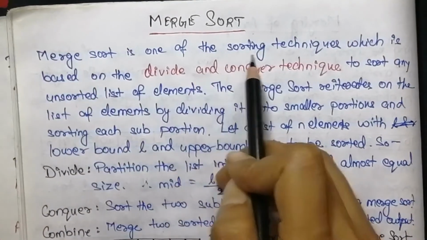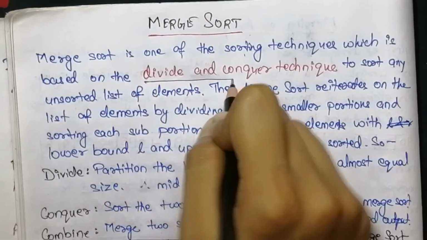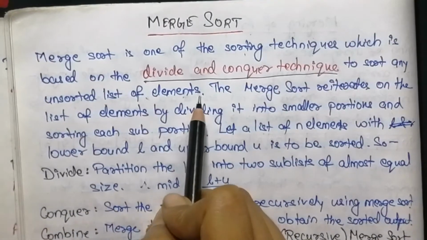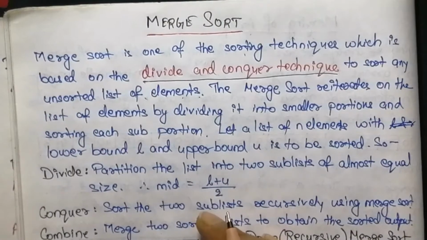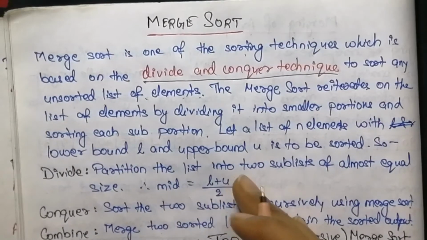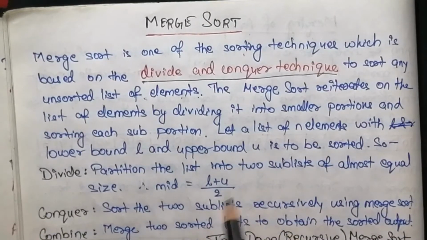Merge sort is one of the sorting techniques which is based on the divide and conquer technique to sort any unsorted list of elements, right? That means the list is divided into smaller sublists and they are combined back into one sorted list.